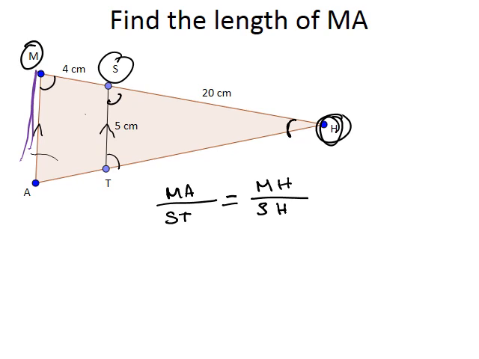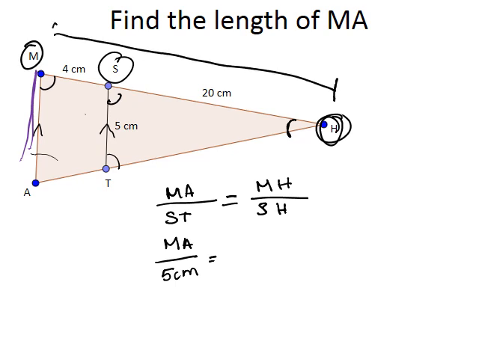And we don't know the value of MA, but we know the value of ST is 5 centimeters. MH, now MH is this whole distance here, which is actually equal to the value of 20 plus the value of 4, so it's 24 centimeters. So it'll be 24 over SH, which is 20.